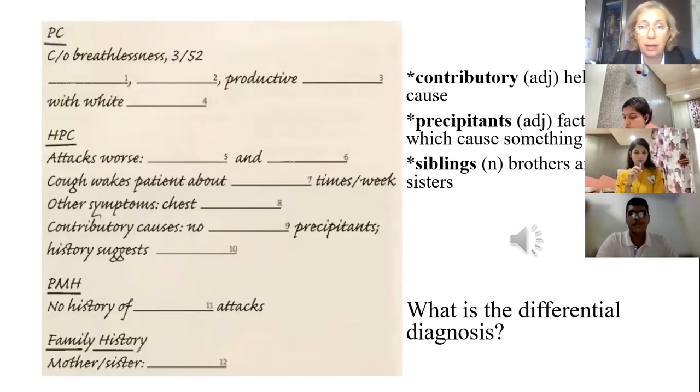And to the right, there are also some words which you should focus on to remember their meaning: contributory, helping to cause; precipitants, this is a noun. Precipitants are factors which cause something, the factors which go before something happens. And of course, you know, siblings, they are brothers and sisters.